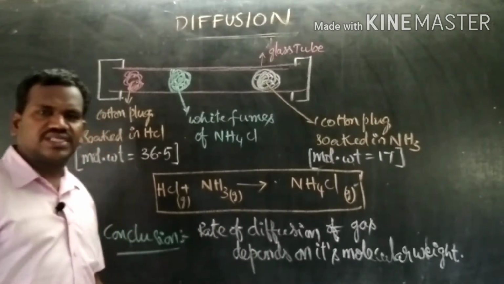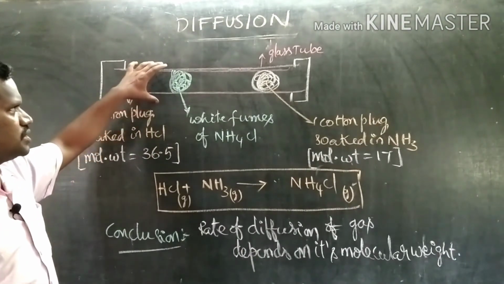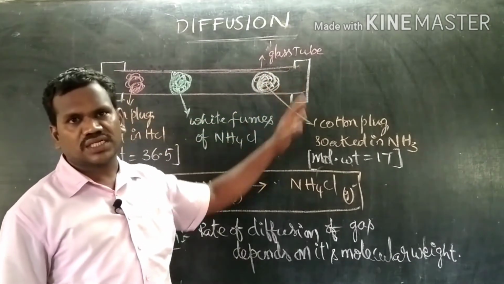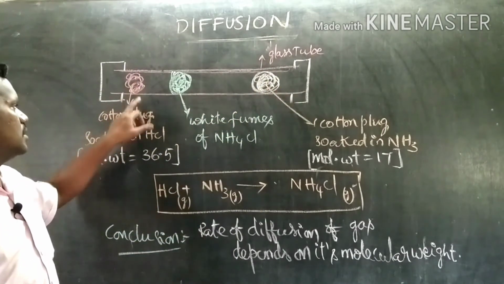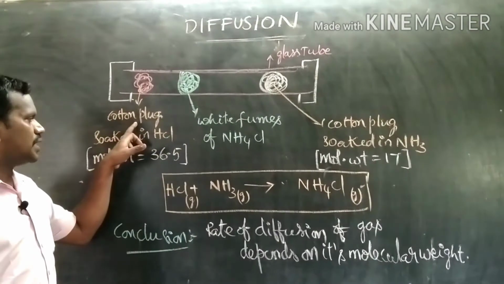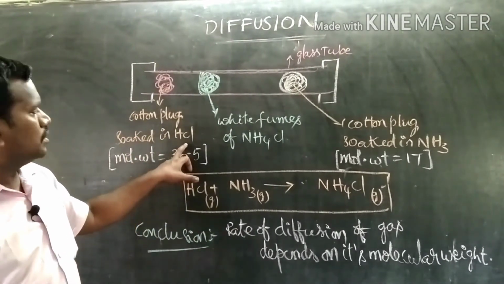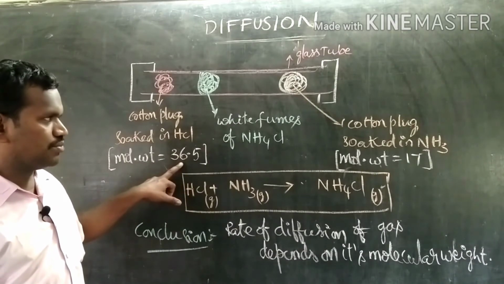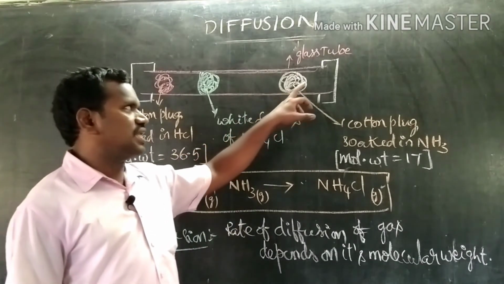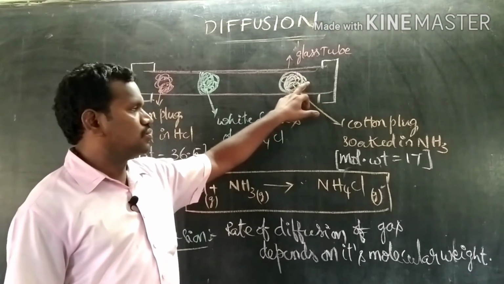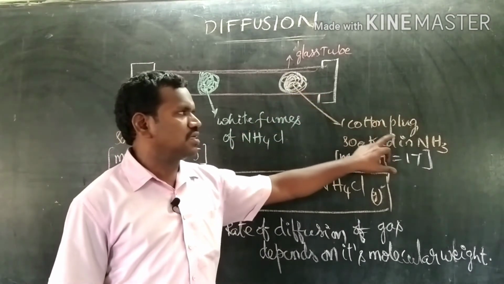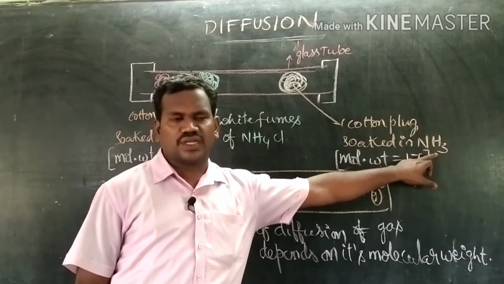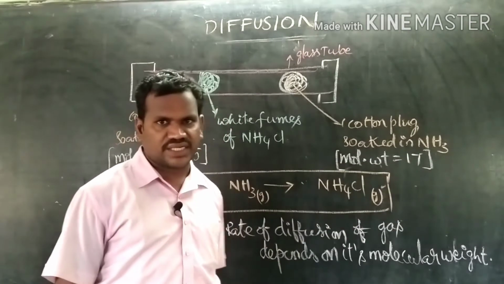In this activity, we used a glass tube which is open on both sides. On one side, we soaked a cotton plug in HCl. The molecular weight of hydrochloric acid is 36.5 AMU. Whereas at the other end, we dipped a cotton plug in liquid ammonia solution, NH3, whose molecular weight is 17.